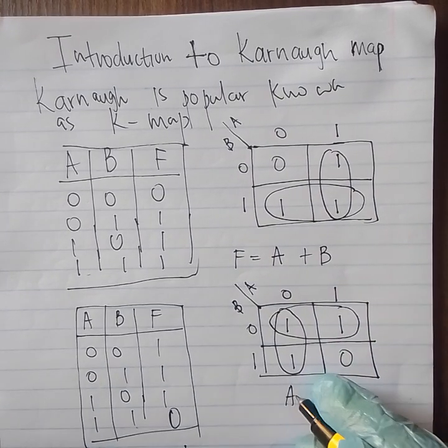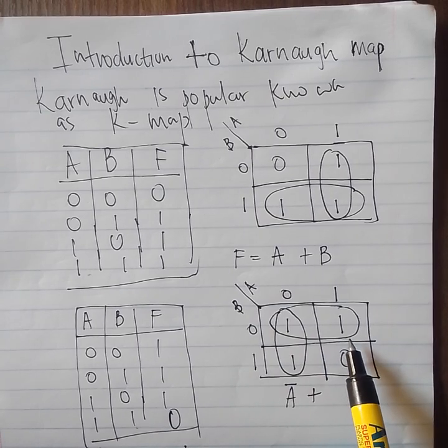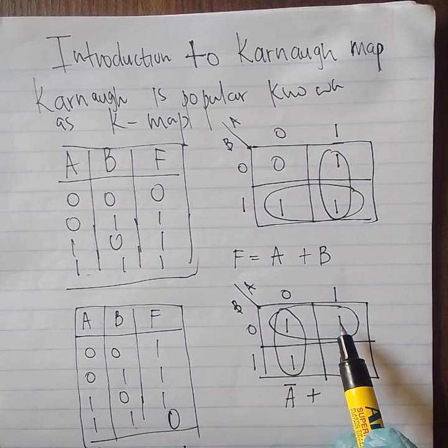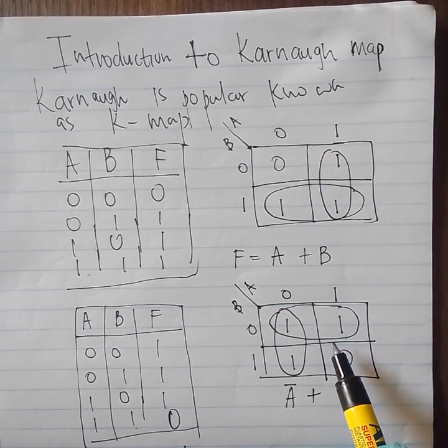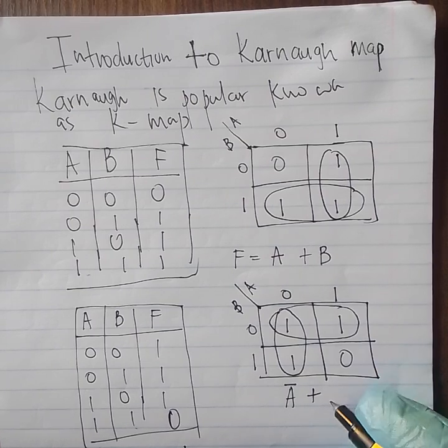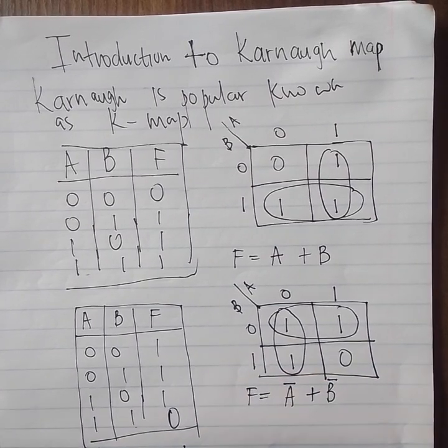Therefore, it's not A. And the horizontal group always matches the input value of B, but it's opposite, which means it's not B. This is the function.